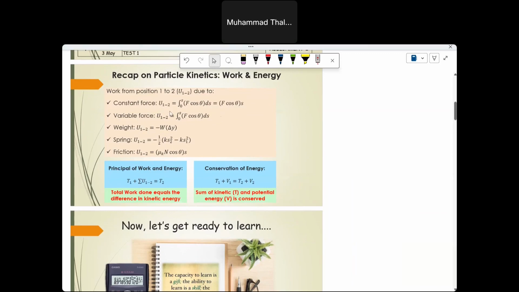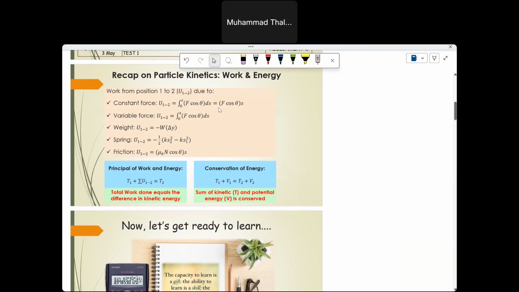All right. So we had constant force, and then we had work due to variable force, where you cannot treat the F cosine theta as a constant like you do in the first one. In the first one, you can just take everything else out of the integral.